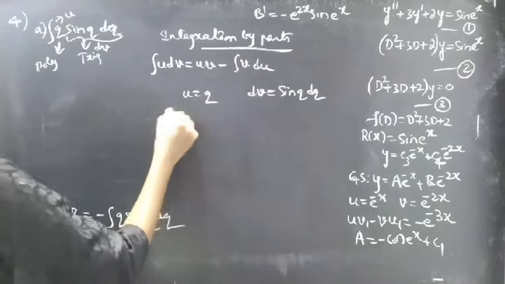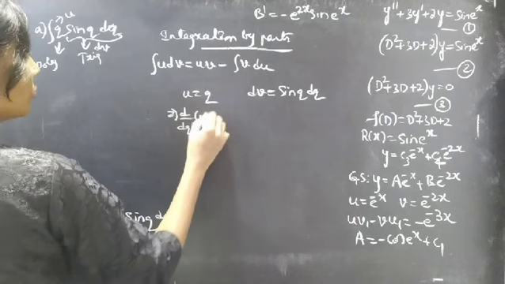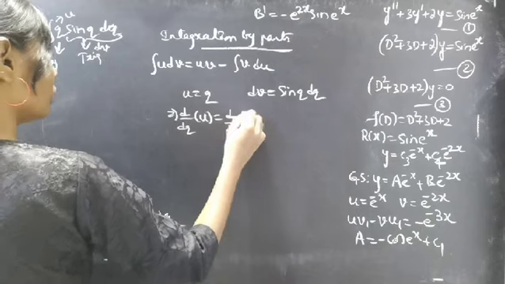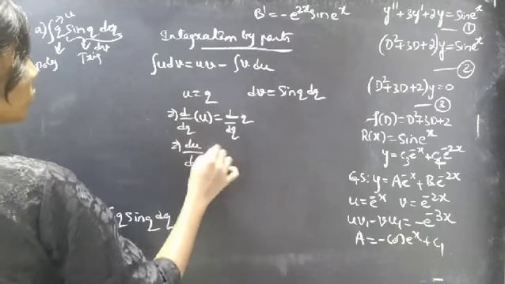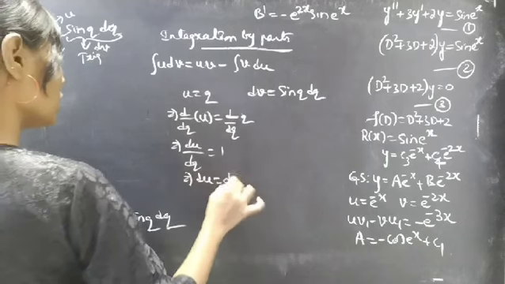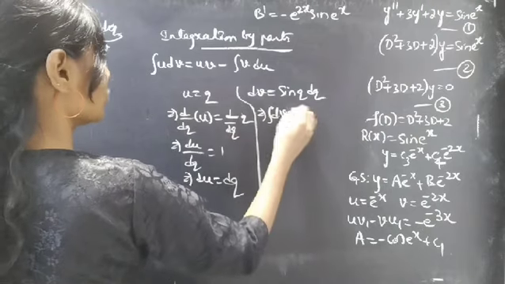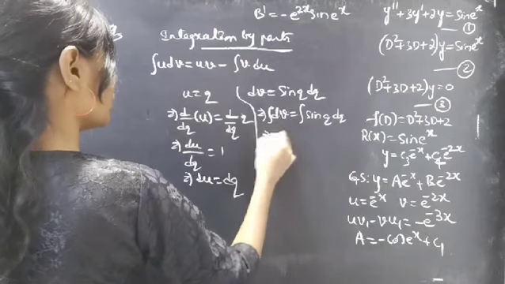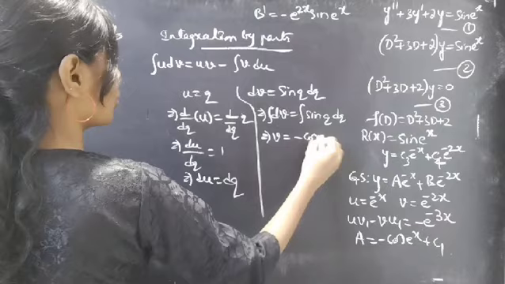Now differentiate on both sides with respect to q. Then we'll get du by dq equal to the derivative of q with respect to q, which is 1. From this we'll get du equal to dq. And here integrate on both sides to find v. We'll get v equal to integral sine q dq, which is minus cos q.